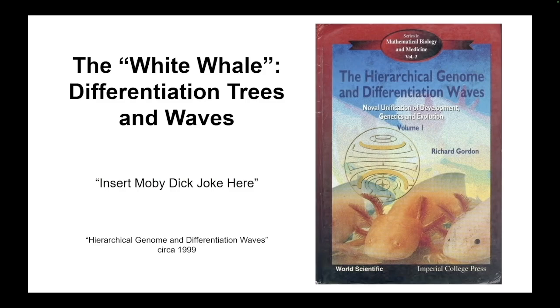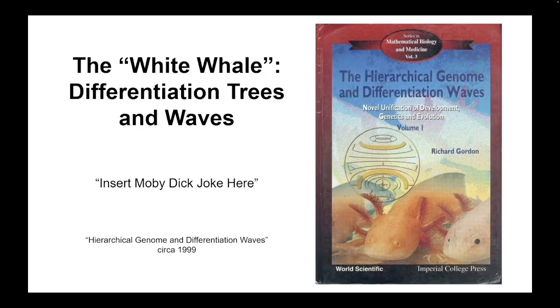And so this was his white whale, and I use the Moby Dick joke because it's this idea that you pursue your entire life, and you have mixed results in reaching that goal.